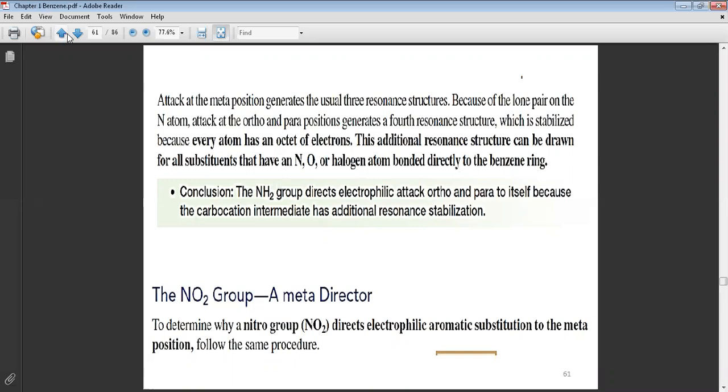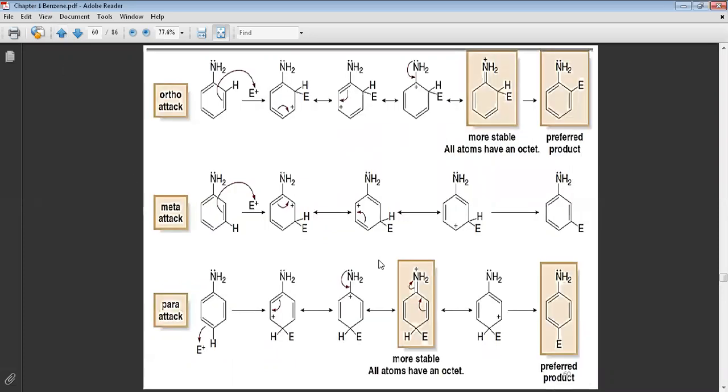Of course it is the same structure for the nitrogen, the oxygen, or the halogen. If I put OH here, you have to draw the same resonance structure. If I put a halogen, the same resonance structure. Okay, this ortho, meta, para is the same for NH2, OH, or halogen.